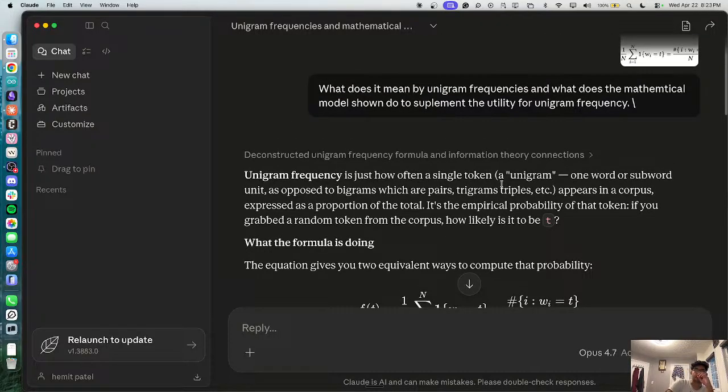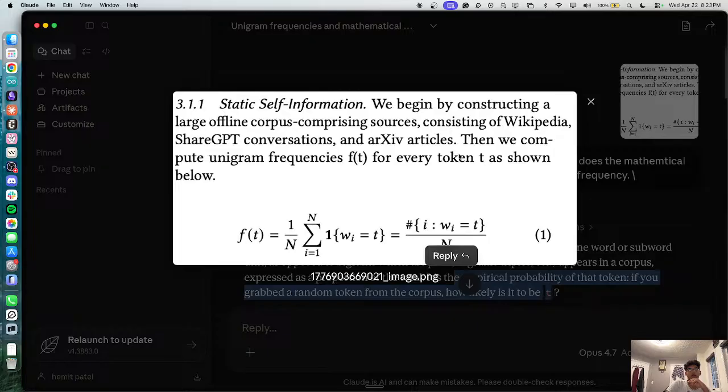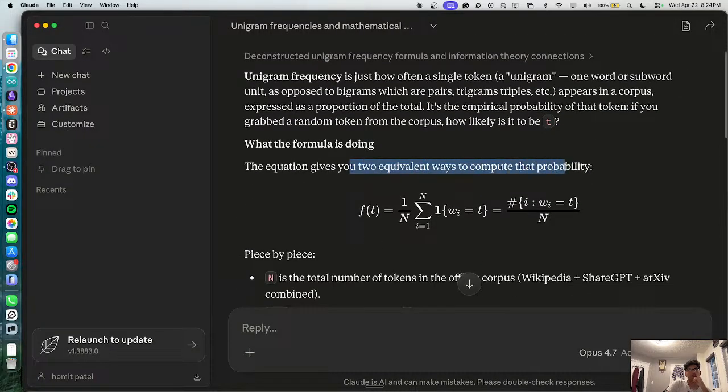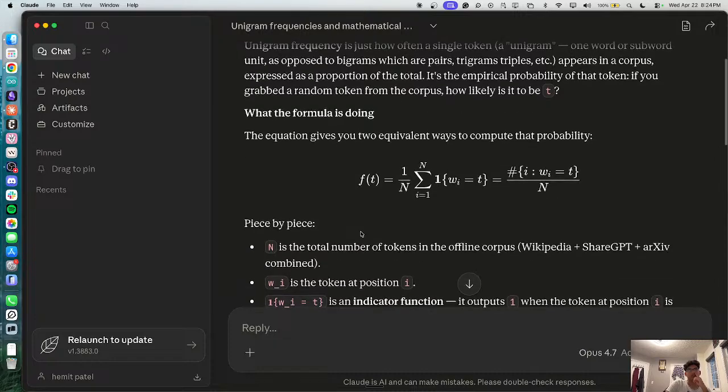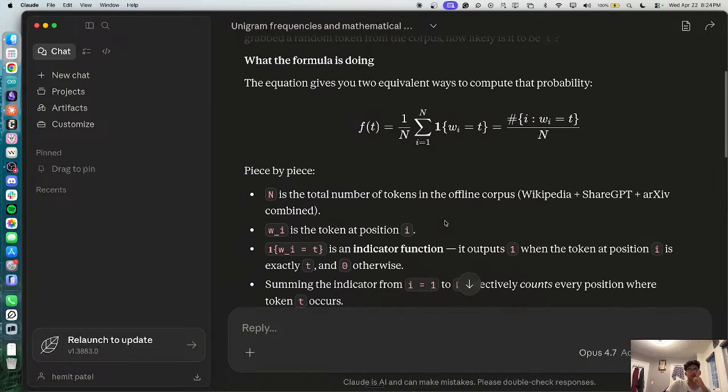Okay, so let's go through this then. Unigram frequency is just how often. Okay, we read through that. It's the empirical probability of that token. If you grabbed a random token from the corpus, how likely is it to be t, which is just the token itself. Okay. So f of t is 1 over n, and then we're basically looping, I guess.